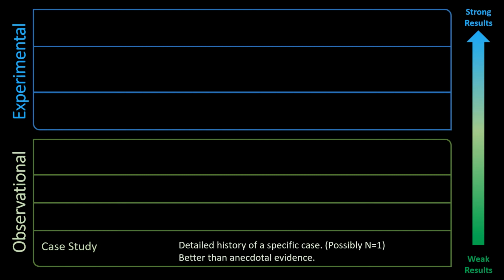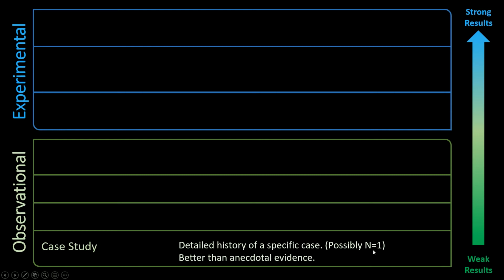So in neuroscience classes, they talk about Phineas Gage, who was a guy who worked with explosives. He was tamping down explosives with an iron bar, and the dynamite went off and the bar shot through his head, took off a portion of his brain, and changed his personality. So there was a detailed case study about the specific way in which his brain was damaged and how that affected his personality. So this is where it says possibly n equals 1.